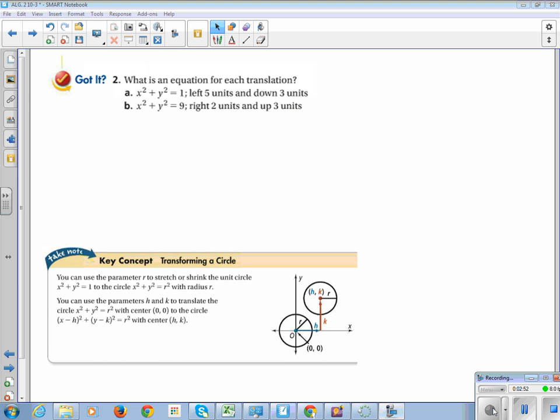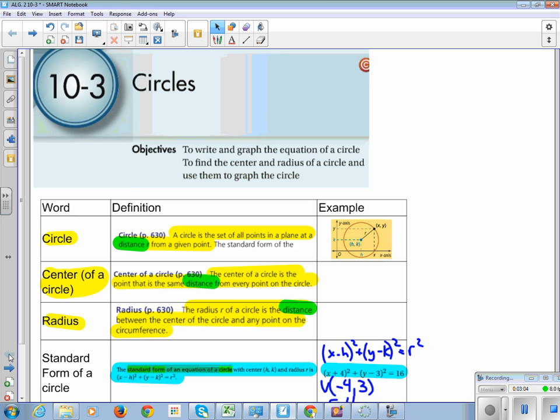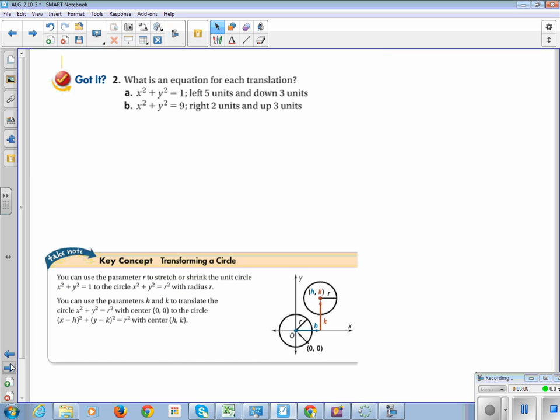All right, so let's look at how these problems are going to look for us. What is an equation for each translation? We start out with x squared plus y squared equals 1. When you see it like this, you know that the center is at 0, 0, when I'm not adding or subtracting anything inside the x squared or the y squared.